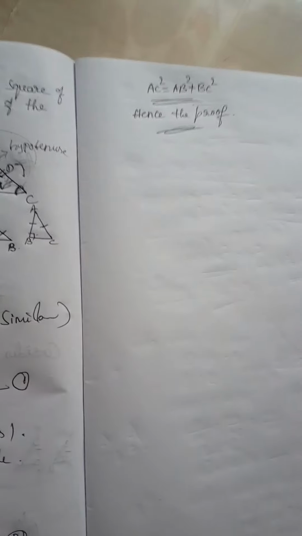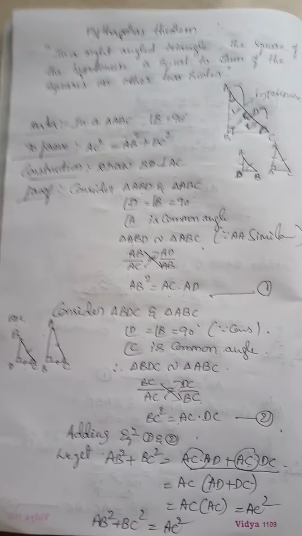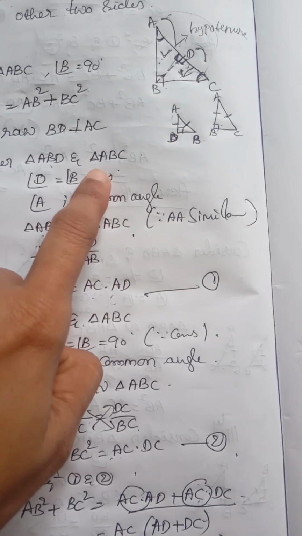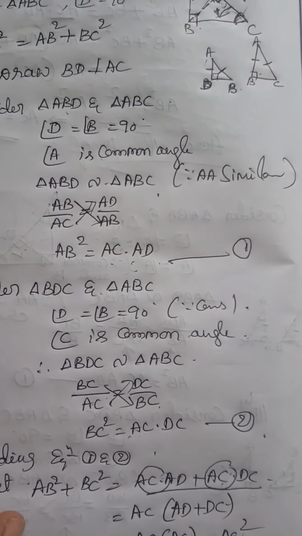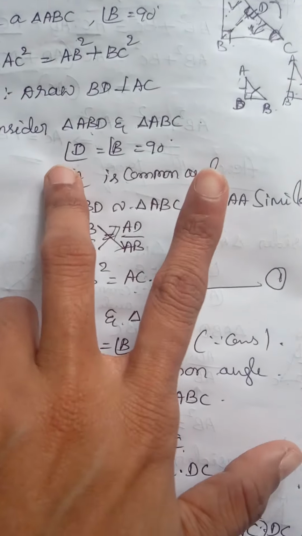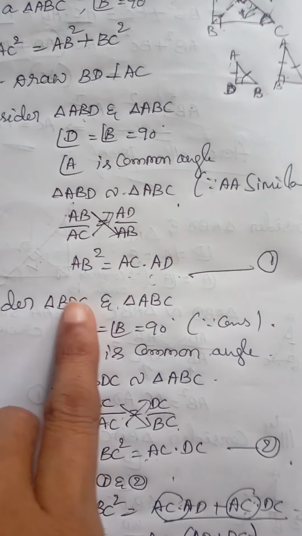We have proved the theorem. We consider the two triangles ABD and ABC, and we prove these two triangles are similar, so the corresponding sides are in proportion.